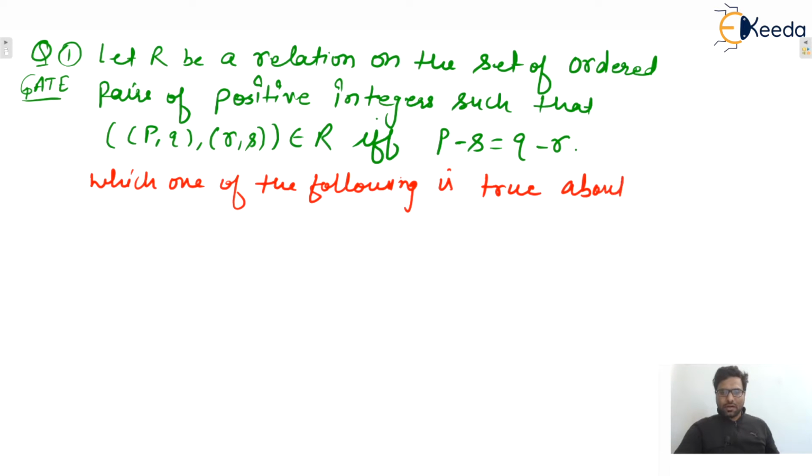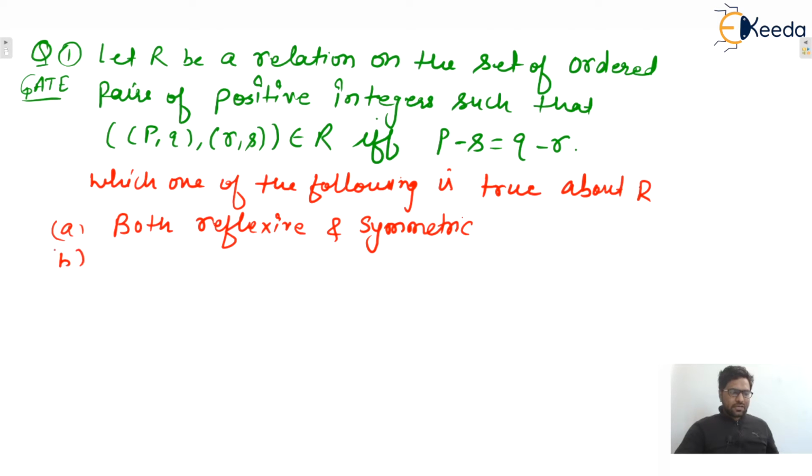about relation R? The first option is given: both reflexive and symmetric. B, it is given: reflexive but not symmetric.